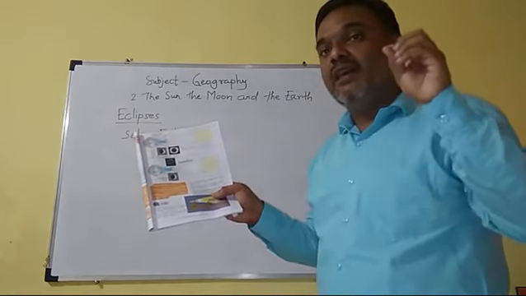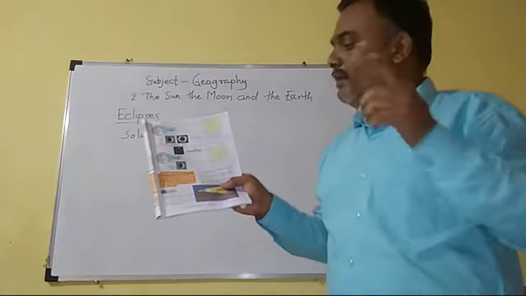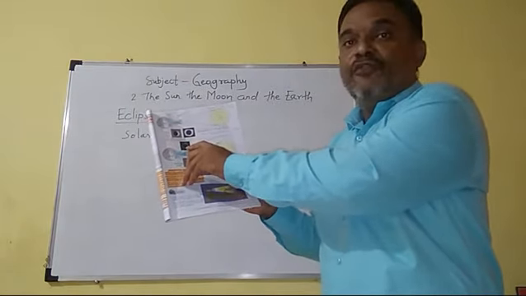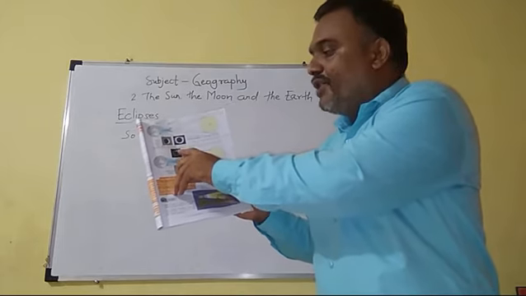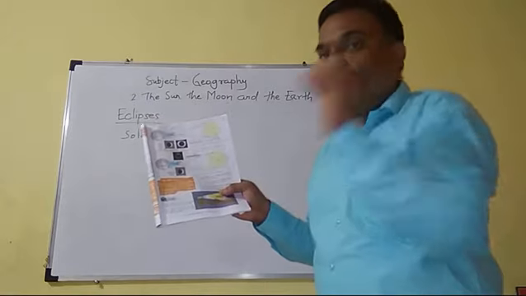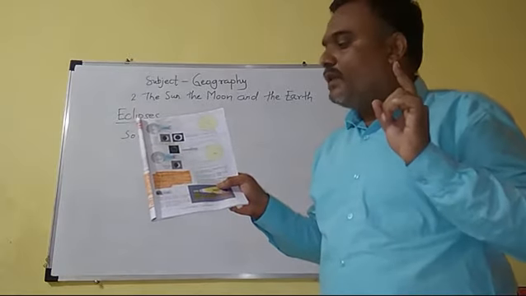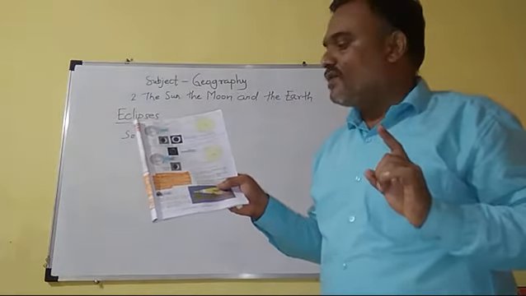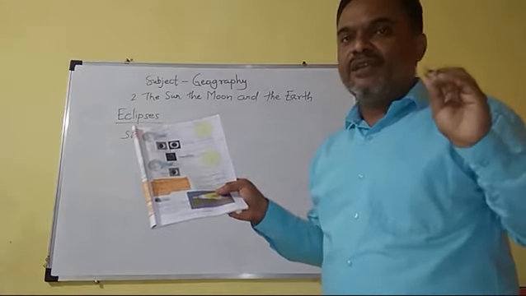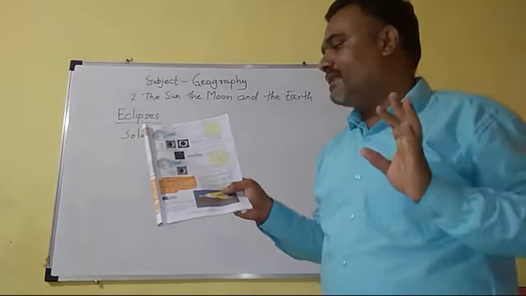It does not reach the earth, and from a very small area of the earth, the illuminated part of the sun disk can be seen in the form of a ring, and that condition is called annular solar eclipse. Annular solar eclipse is a rare phenomenon. It takes place on very rare occasions.